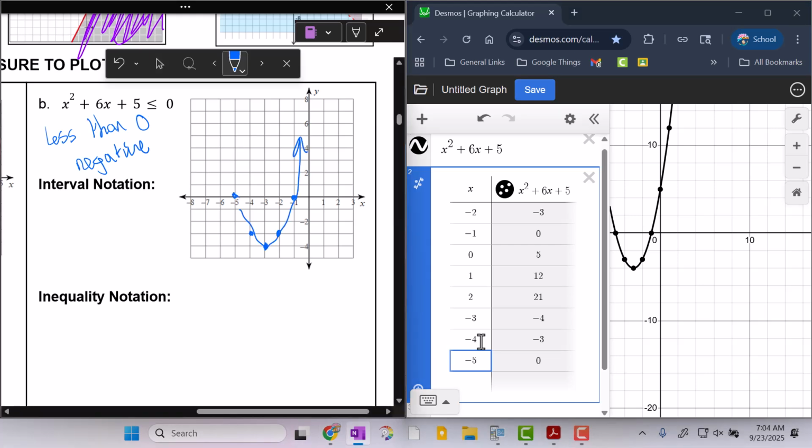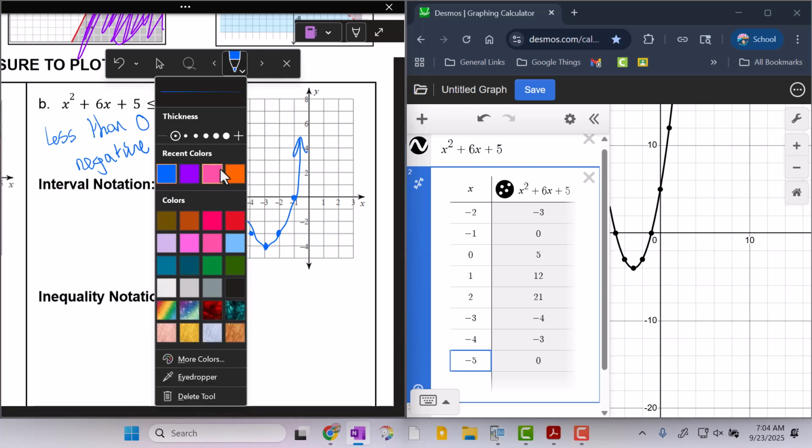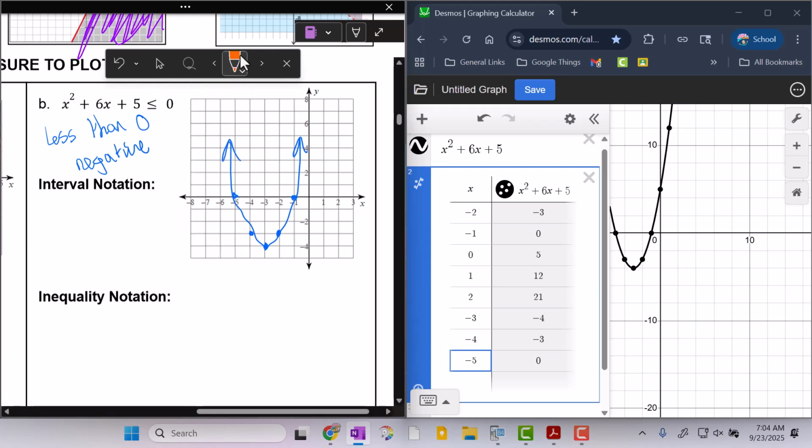Like that. And again, we want less than, so the negative interval. So that's all this. In interval notation, it's from negative 5, including negative 5, because we have the less than or equal to symbol, and it goes up to 1, including 1.